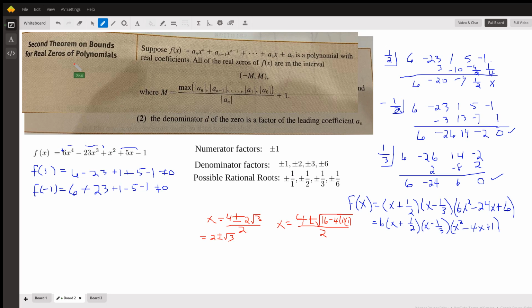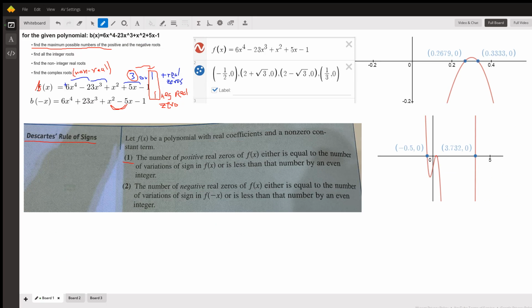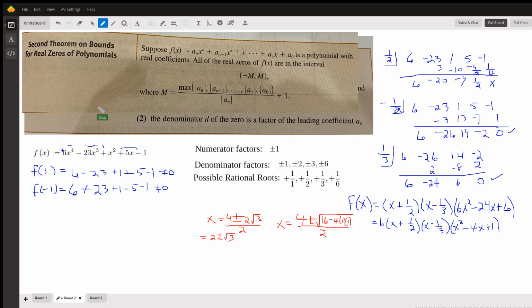Now, we're going to use the rational root theorem to find the rational roots. I should probably say rational roots, not integer roots and non-rational roots.